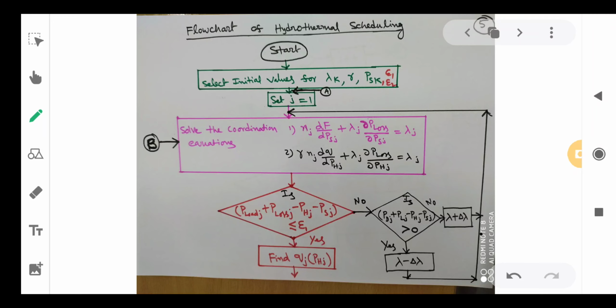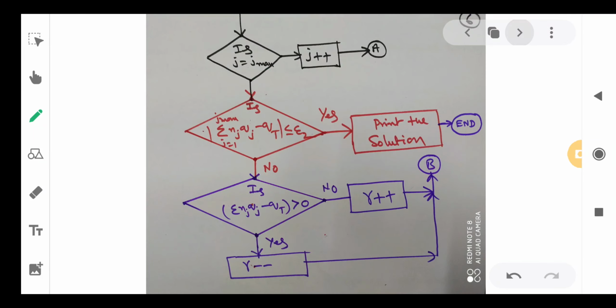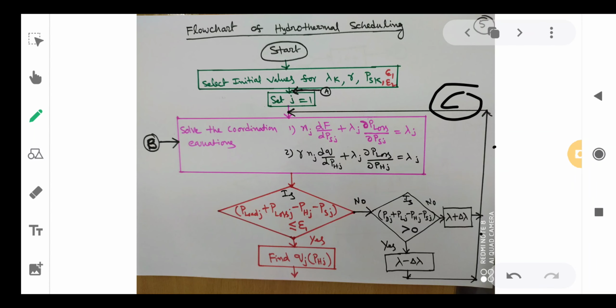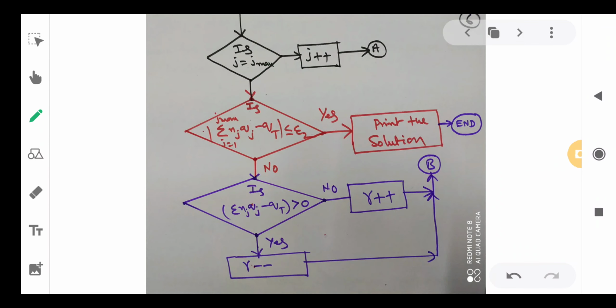And go to the point here. This is the point C. So find qj. After finding the qj, check whether j is equal to j maximum.